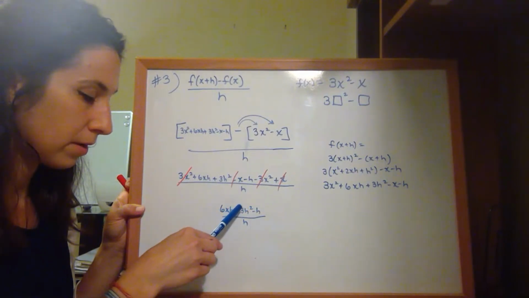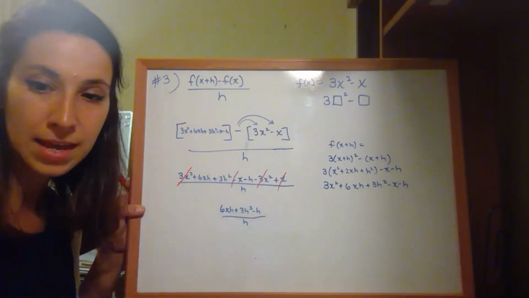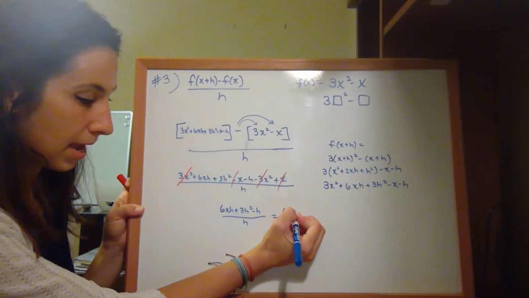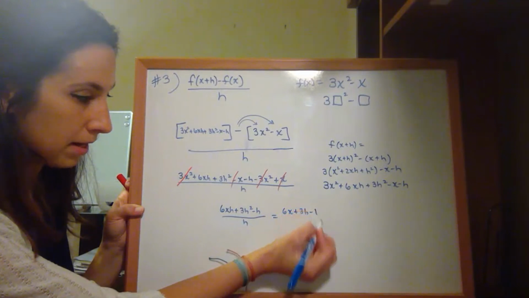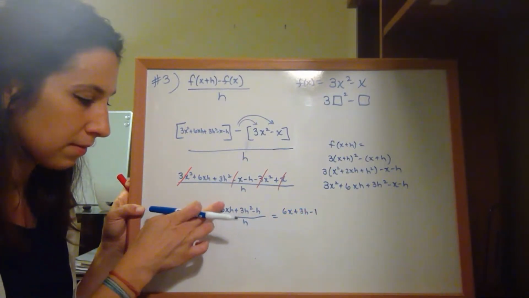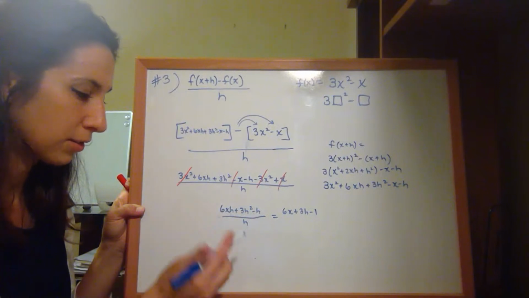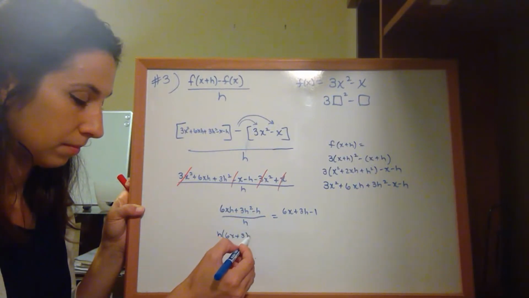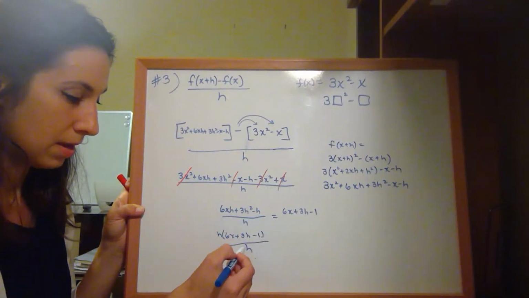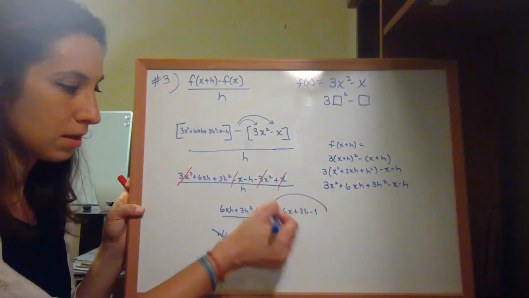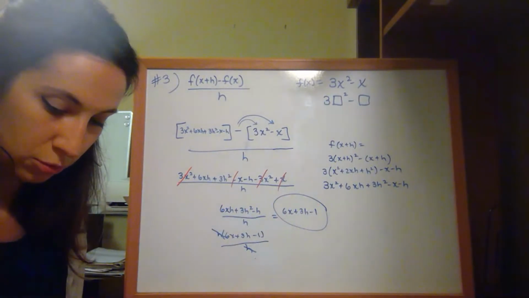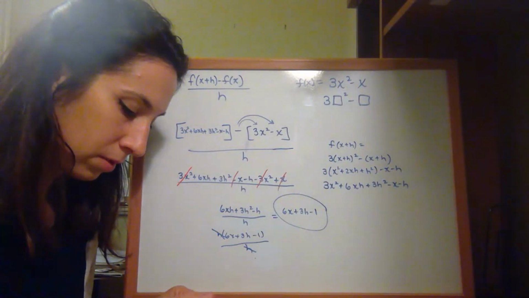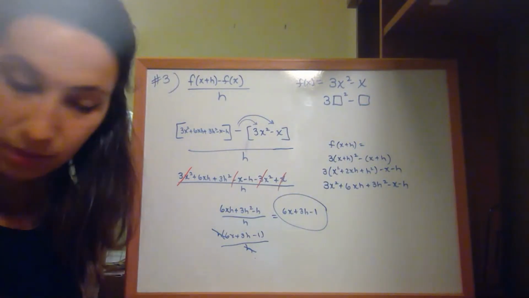That means that every single one of these can have an h drop out. So the final result will be 6x plus 3h minus 1. Essentially what you're doing is dividing each one by h, or you can factor out an h, and then the h's cancel. So that is your answer. That one is just kind of long and annoying, but all right.